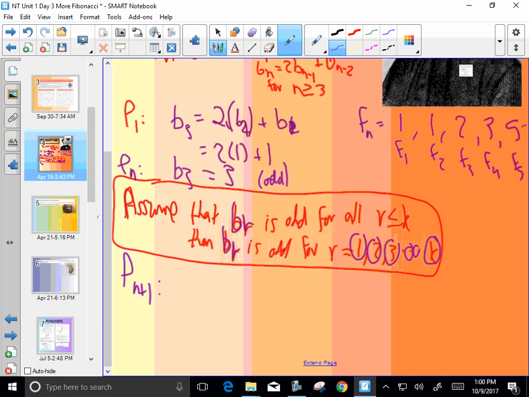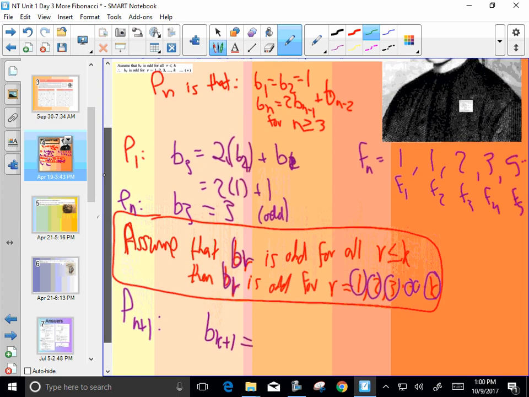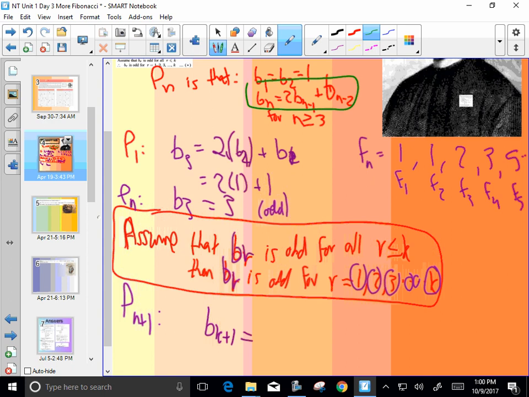And so now what we're going to do is B of k plus 1 is going to be equal to something. So I've got a little hint for you. Above here in green, I'm going to write this formula: B of k equals 2B of k minus 1 plus B of k minus 2.